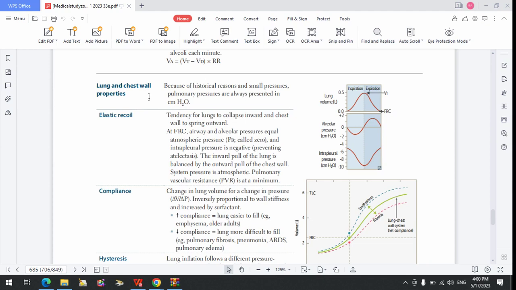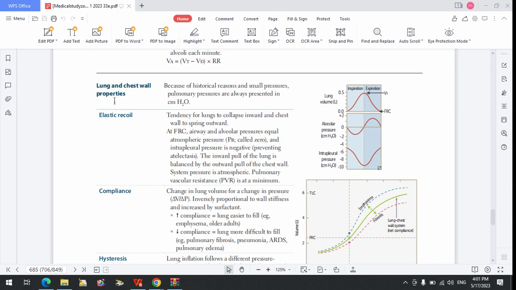That is, the chest wall wants to move outwards, increasing the thoracic cavity space to take in more air, while the lungs always want to coil inwards. That's the elastic recoil. They want to coil inwards so that they can bring air out of the lungs. The chest wall wants to expand so that they can take in air. The lung wants to coil inward so that they can take out air.